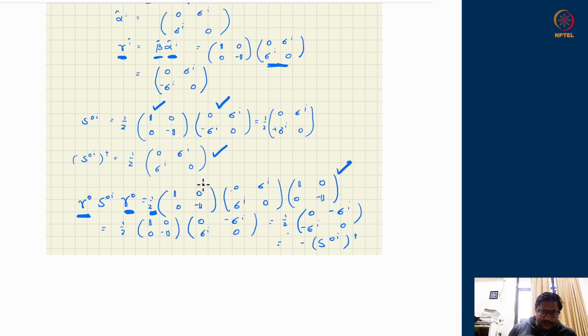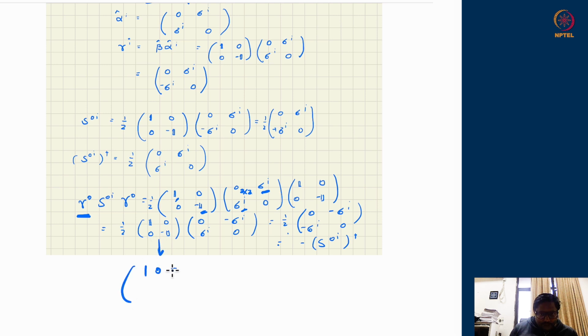This is simple algebra: pay attention to the matrix multiplication and you will get minus sigma I along the anti-diagonals. You have to be careful: this is a 2 cross 2 identity, this is also 2 cross 2, and the 0 is also an empty 2 cross 2 matrix. So everything is 2 cross 2, and you have to do it slightly carefully.